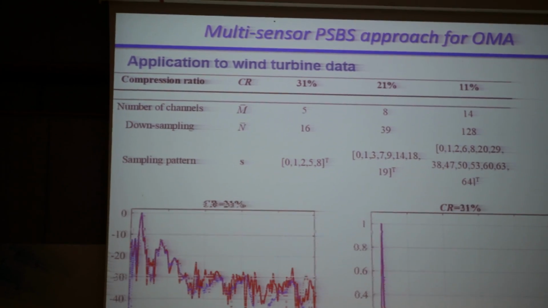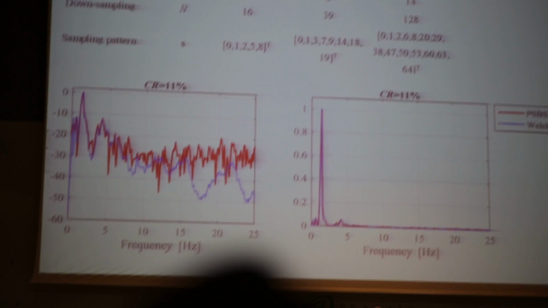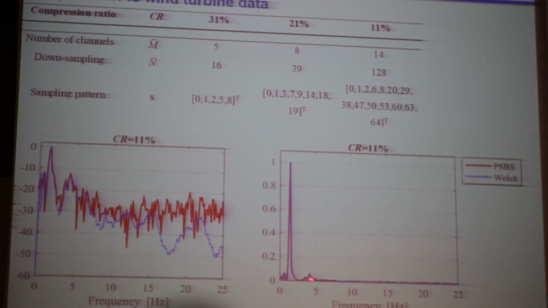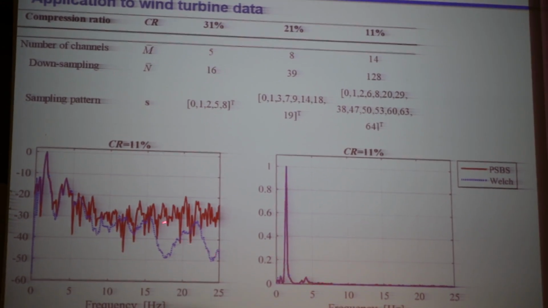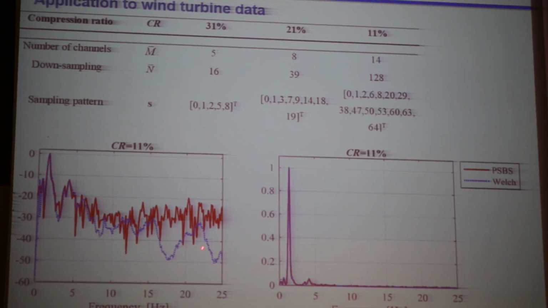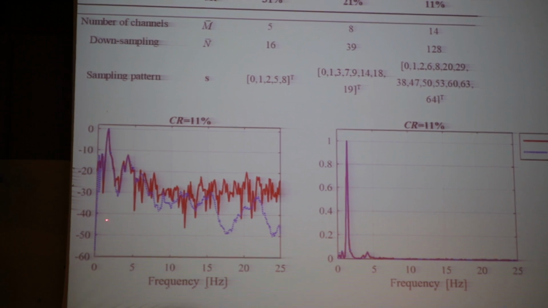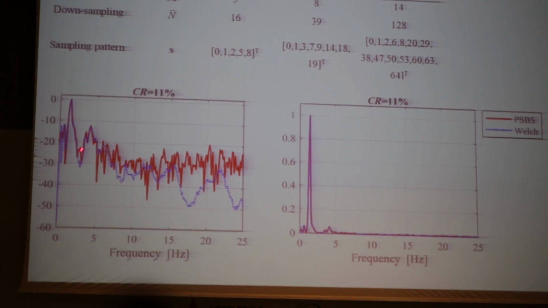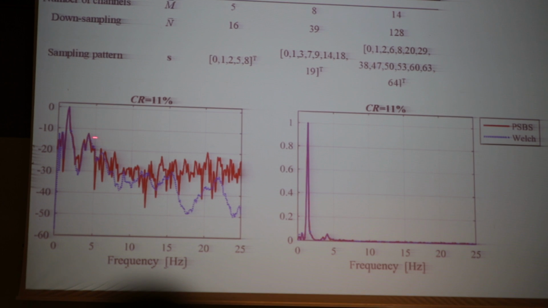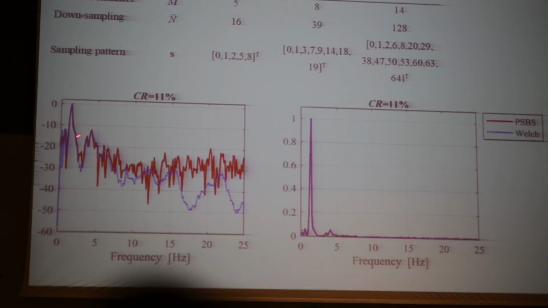So as we go to higher and higher compression, we see that on the linear scale we do very well. Of course, we are losing information if we plot this in decibels on a logarithmic scale, but the information that we want in structural health monitoring lies in these first few peaks.